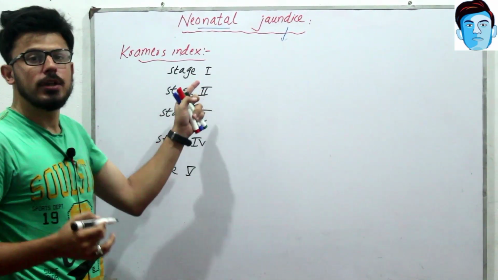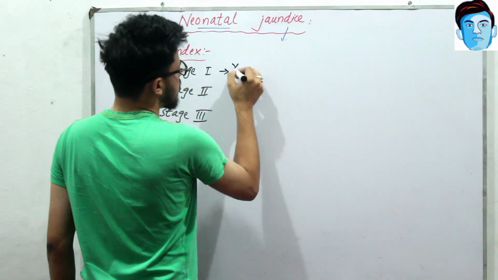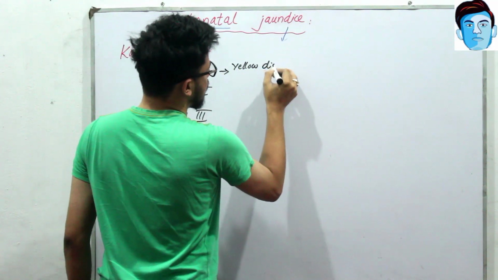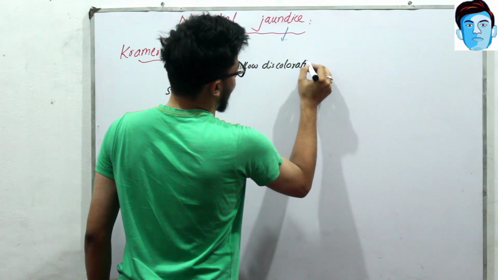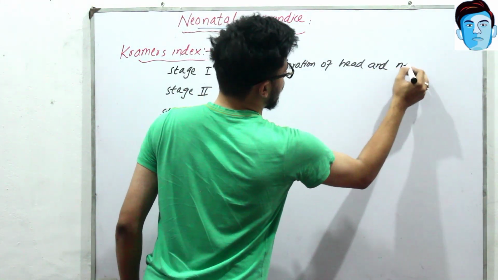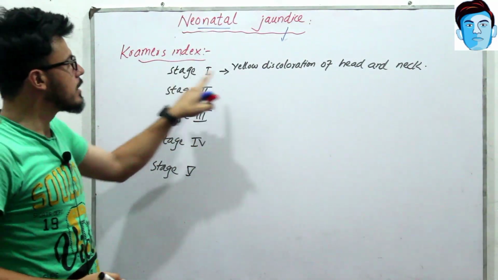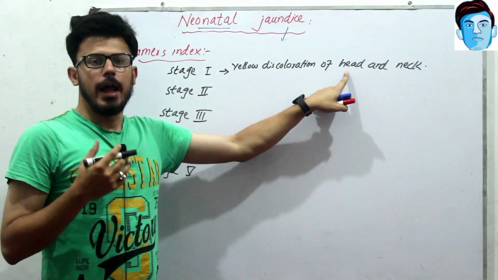In stage 1 there is yellow discoloration localized to head and neck.